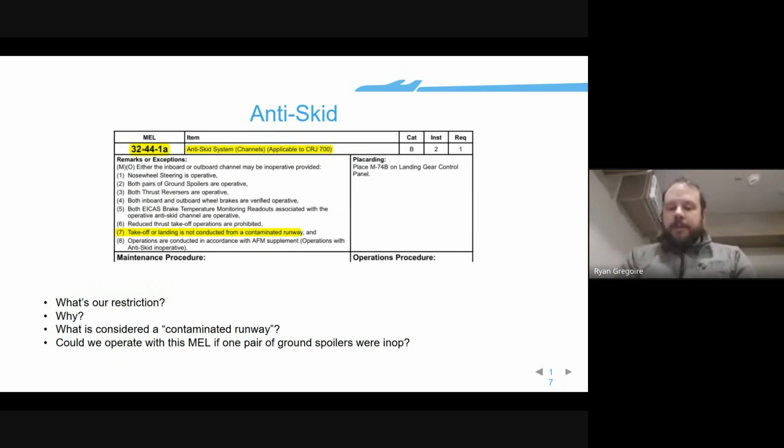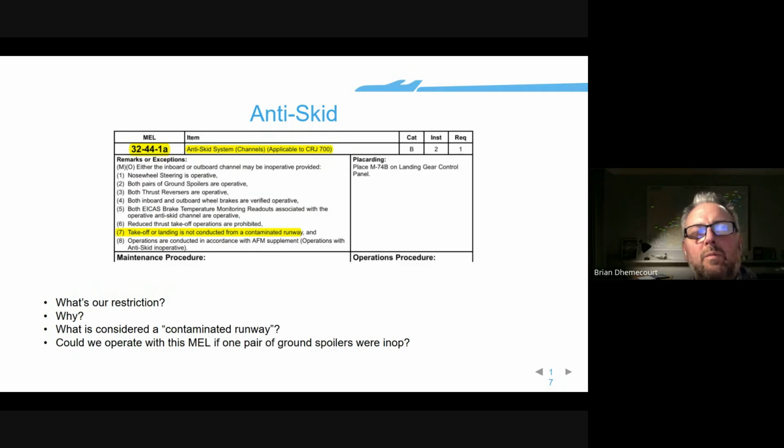Questions regarding MEL and the anti-skid system or runway contamination, anything like that? Brian. Is this another situation where we might want to consider the runway length just in case there's any skidding that takes place, or no?